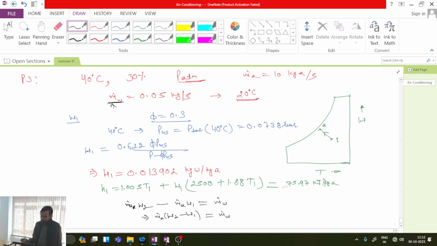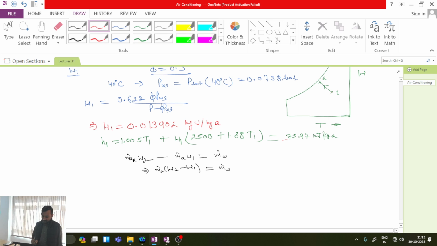We know all the three values. I can calculate W2. How much is W2 from this formula?